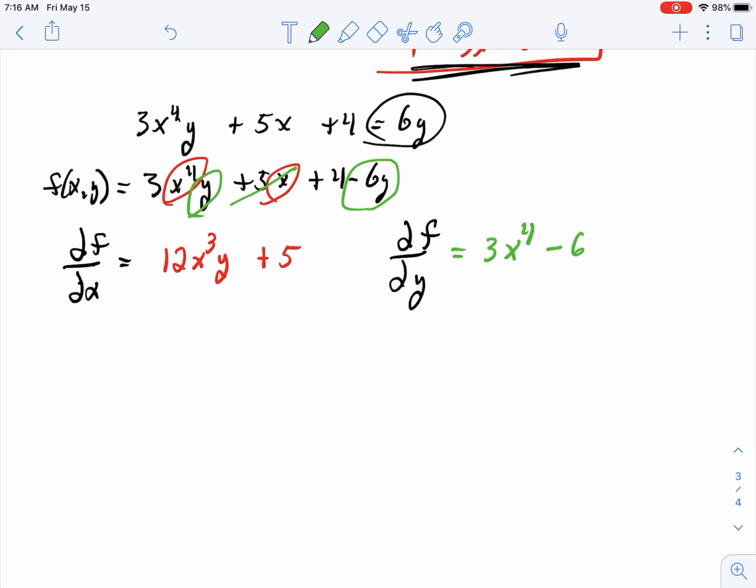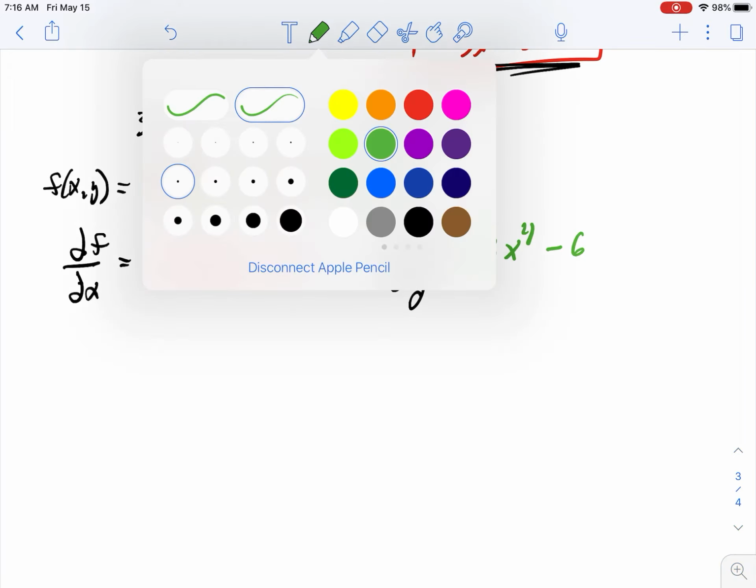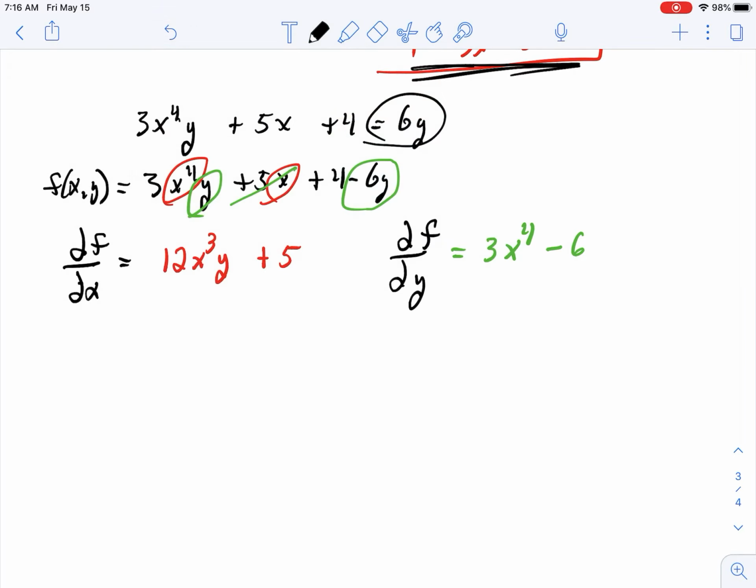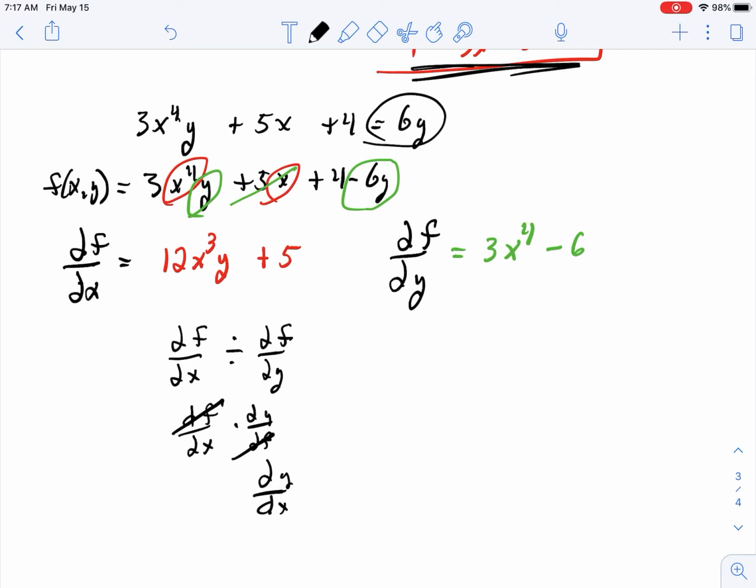All right, so now doing a division here. If I do df dx divided by df dy, that means I have df dx times dy df. Therefore, the df's cancel, and that would give me dy dx.